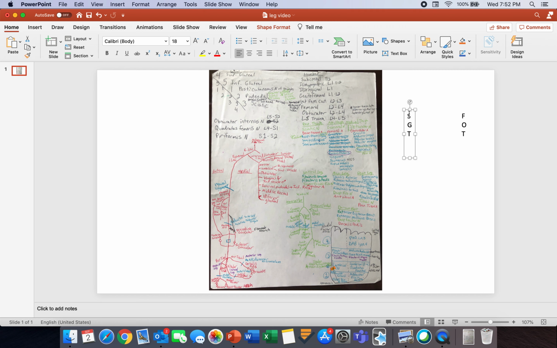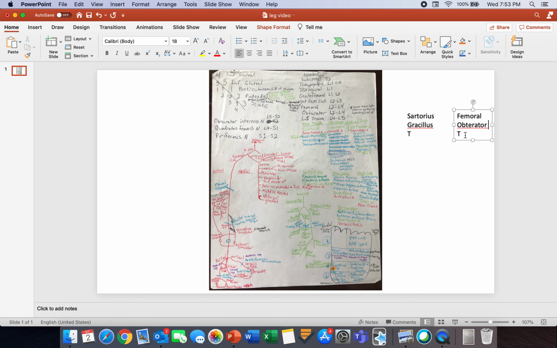So for the anterior compartment, the representative muscle for that is sartorius muscle, okay? And the nerve that gets the sartorius or anterior compartment of the thigh is your femoral nerve. And then for the medial aspect of the thigh, you have the gracilis muscle, okay? And the nerve that goes with that is the obturator nerve.